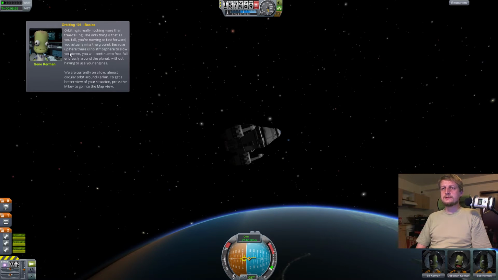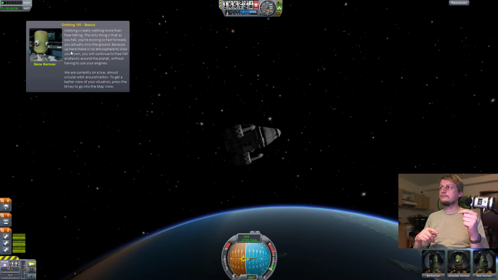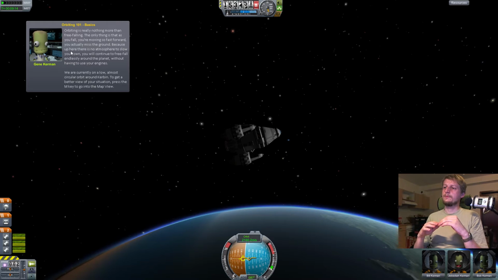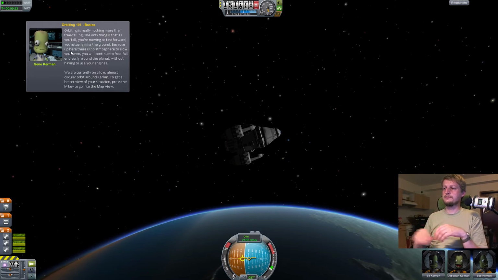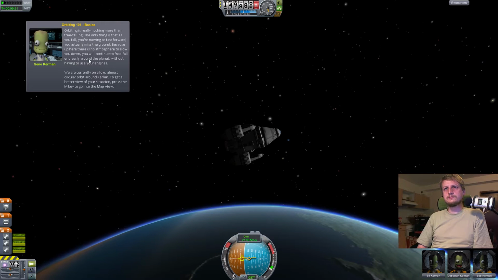Yeah, that's the first cosmic velocity, exactly that you're moving forward at a speed such that the amount of meters you would fall, you move forward so much that the Earth's roundedness makes the Earth's surface fall away below you by that same amount. Because up there is no atmosphere to slow you down, you will continue to free fall endlessly around the planet without having to use your engines.